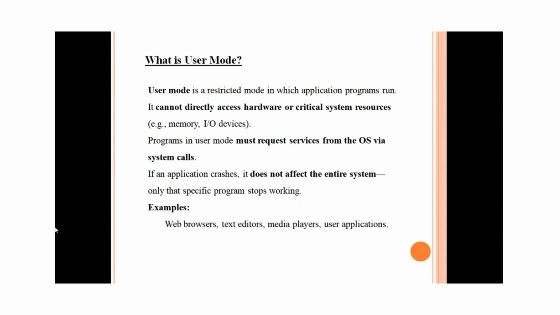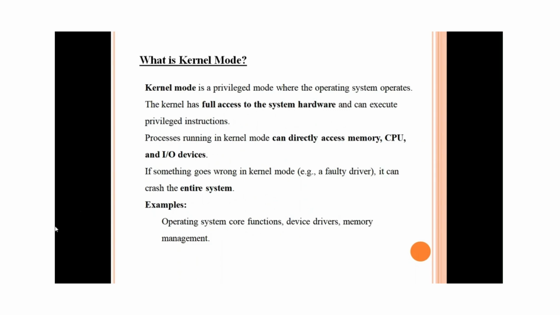We can learn about system calls deeply in our next slides. And we already discussed that if any application crashes, it does not affect the complete system. It only terminates that particular application. Some examples for user mode are web browsers, text editors, media players, and other applications.